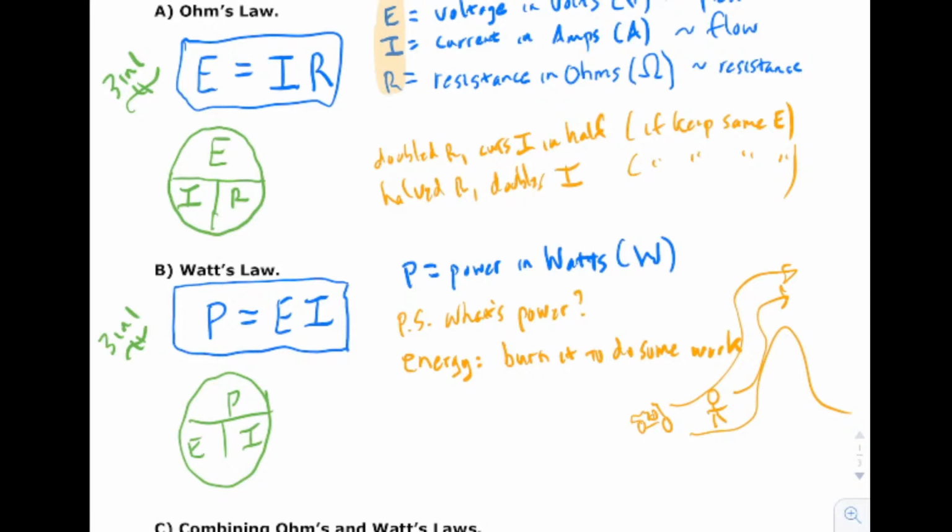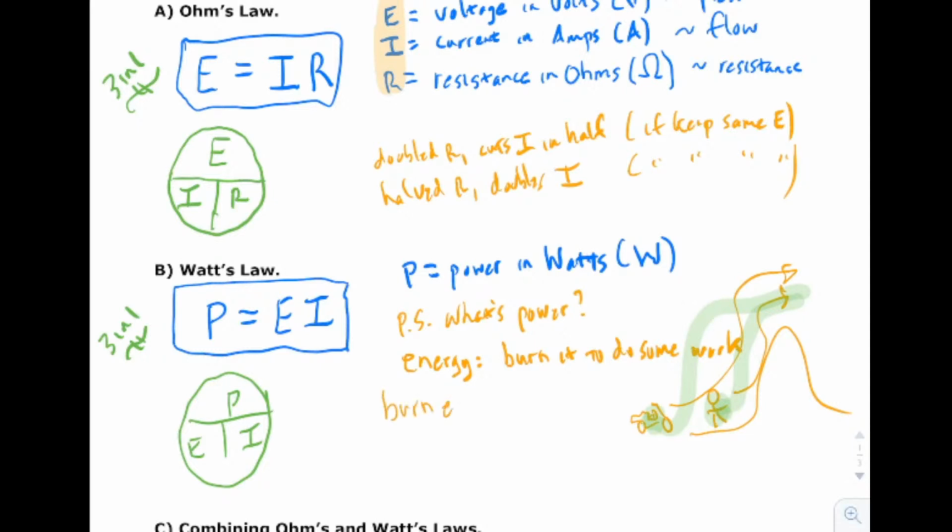P is not energy, it's power. So what's power? Well, here's what power is. Let's just compare me to the motorcycle. So I get up the hill, right? It's probably going to take a little while. The motorcycle, you're up quickly. That's power. It's the ability to burn energy quickly.